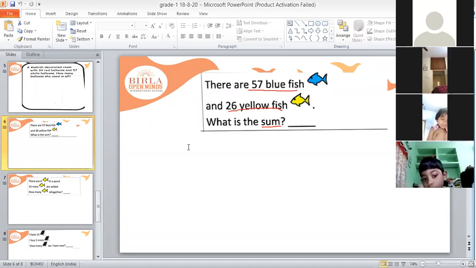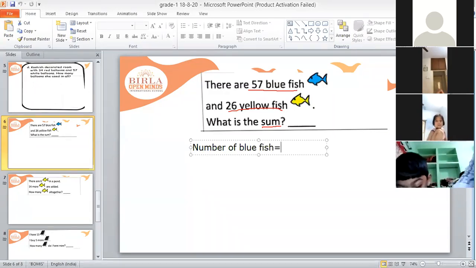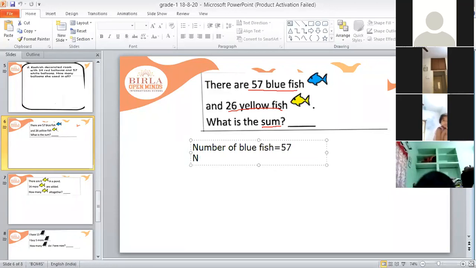Your first statement is number of blue fish equal to how many blue fish? 57.